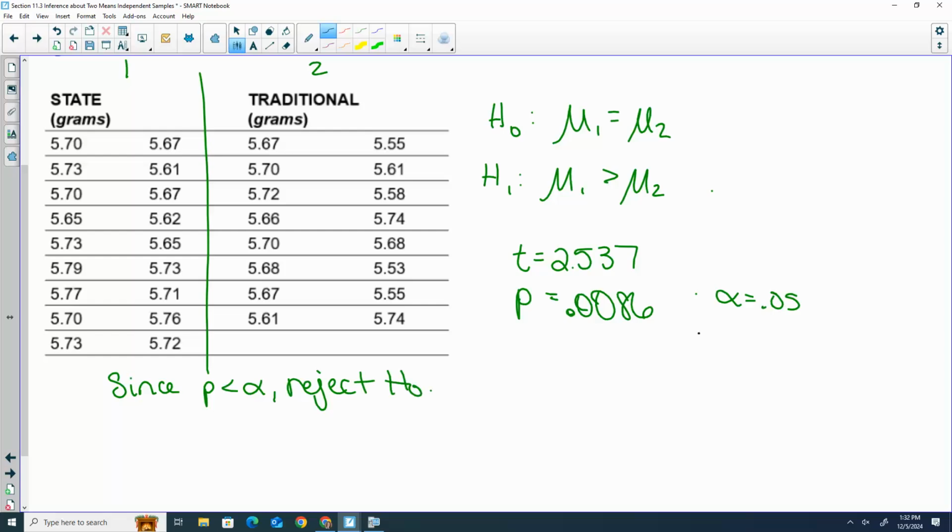Okay, the null hypothesis is that they were the same. So if I ask you to write me a sentence explaining what this means, there is evidence to conclude state quarters weigh more.